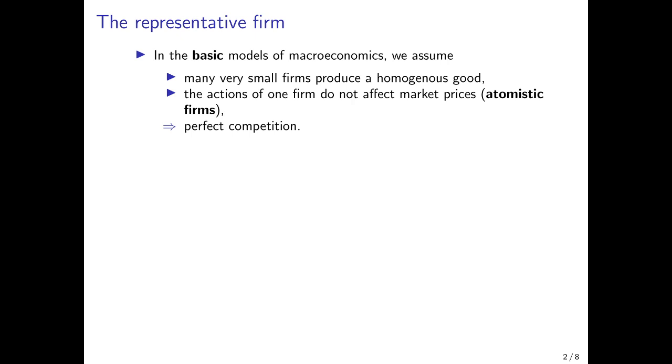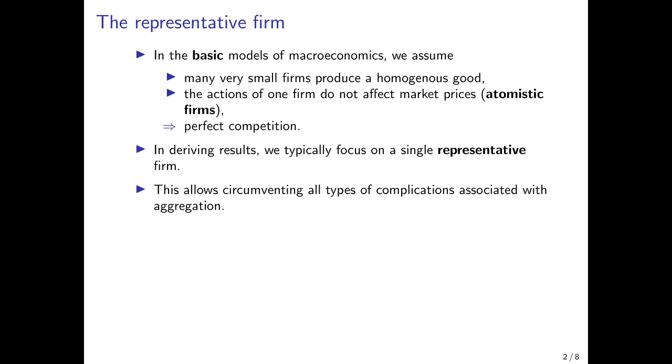So the single firm is a price taker in this setting, and this means that we have perfect competition. The firms take the market price as given. In such a setting, one can typically derive the results by just focusing on one single representative firm, which allows us to circumvent all types of complications that arise in the context of aggregation.